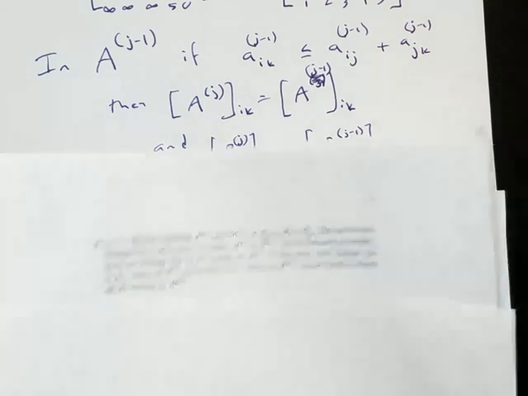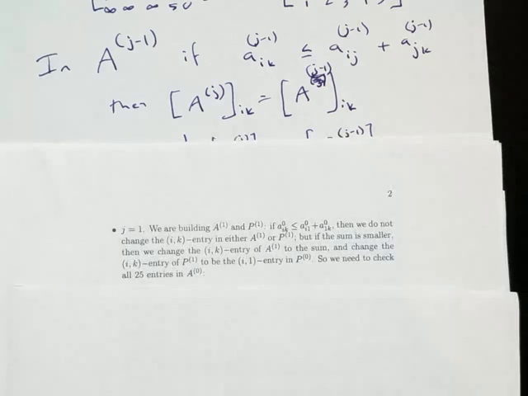Here we go. I want to build A1 and P1 from A0 and P0. So I'm going to compare A_ik to A_i1 plus A_1k. Am I better off going from wherever I am to vertex 1 before going to the other destination? Should I go via vertex 1 instead of going directly?